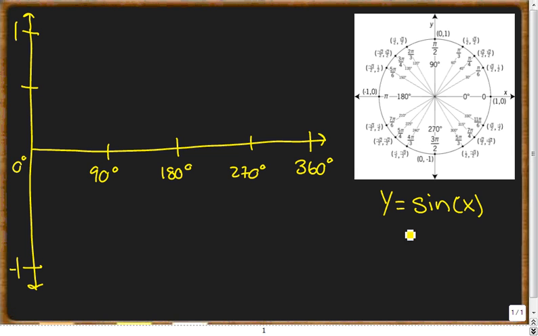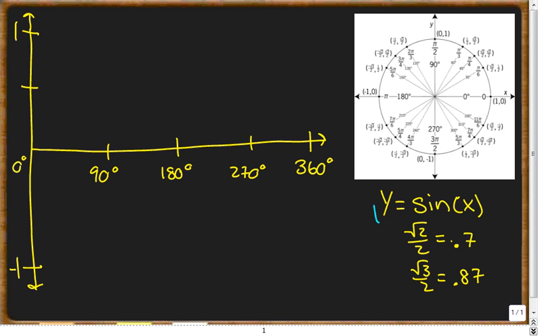Just really quick, the square root of 2 over 2 is roughly 0.7, and the square root of 3 over 2 is about 0.87. So they're close to 1, but not all the way up there. We're going to reference these as we go along.